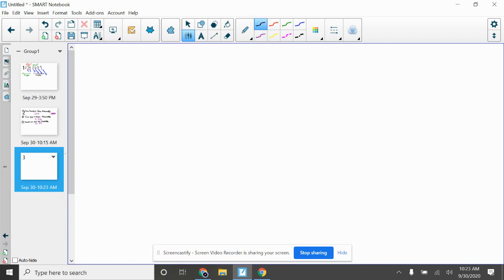For number 1, let's try the decimal .27. Your job is to turn this into a fraction. This sounds harder and scarier than it really is, but remember, however you say this number is how you would write it as a fraction.